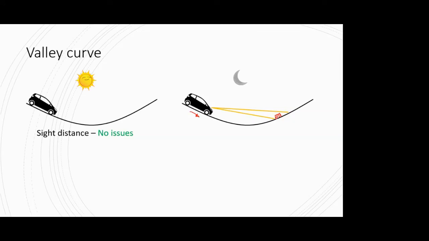So whatever object we had placed here, if I use the dipper, I can't see that object, but if I switch to upper headlights, then I will be able to see. So whether you collide or not depends on your headlight.